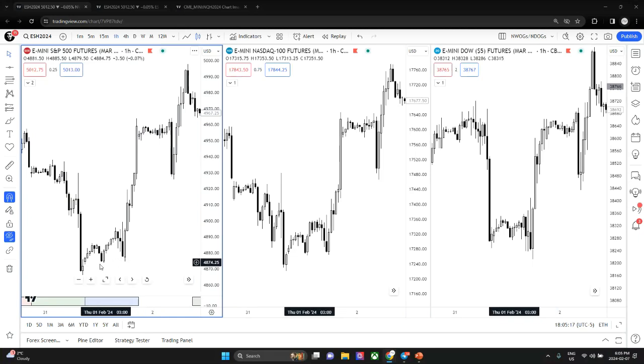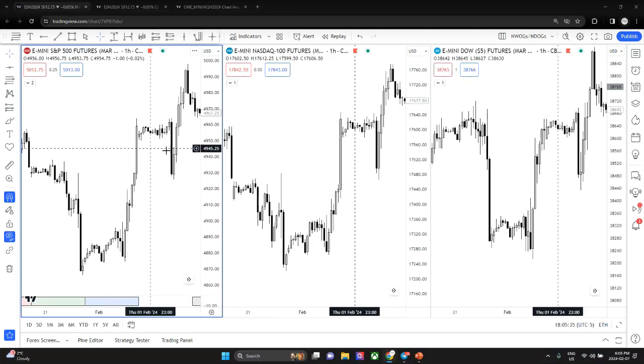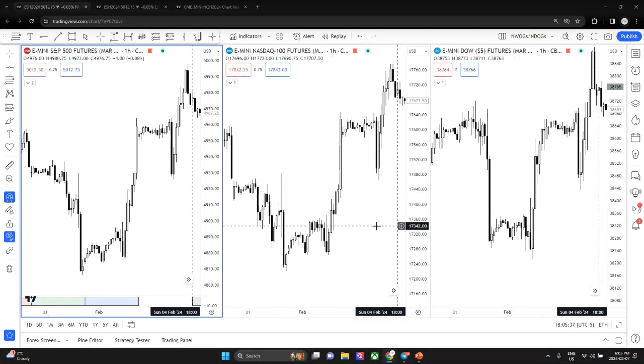So right here, we have this blue box, which delineates Thursday's price action. It would be better if I use this thing, so you can see it represented on all of the charts at the same time.